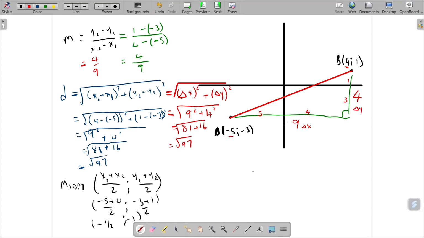Again, for me, I like a more intuitive idea of saying, well, hold on, where would you expect to find a midpoint? You'd find a midpoint in the middle. So if A's value was minus 5, minus 3, and B's value was 4, 1, then my thinking is, well, hold on, to get from minus 3 to 1, you've gone up by 4.